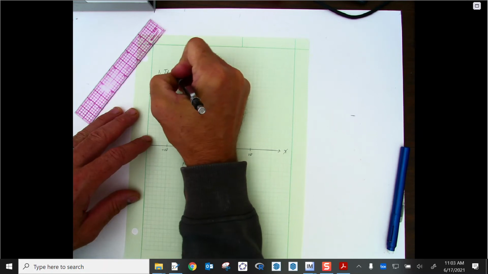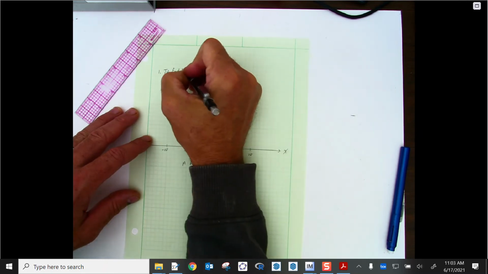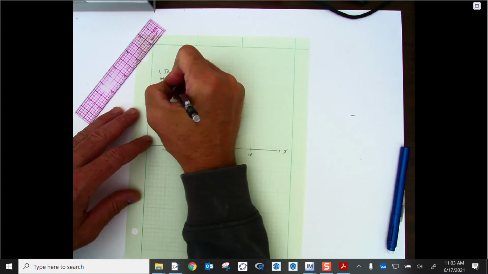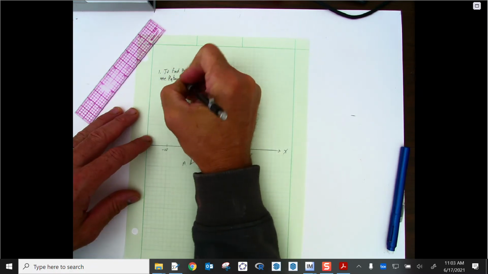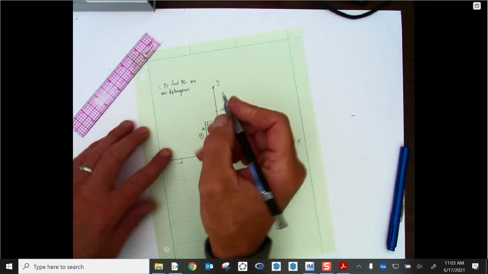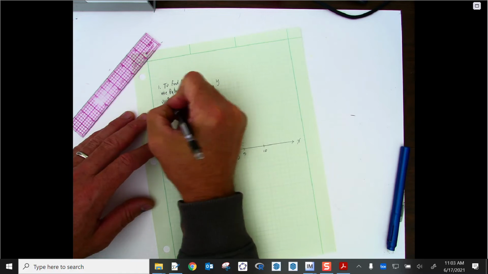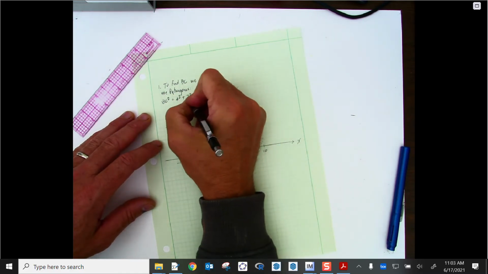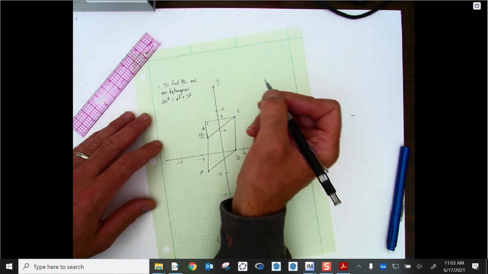To find BC, we use Pythagoras, which says that BC squared is going to be equal to 4 squared plus 7 squared, so 16 plus 49.